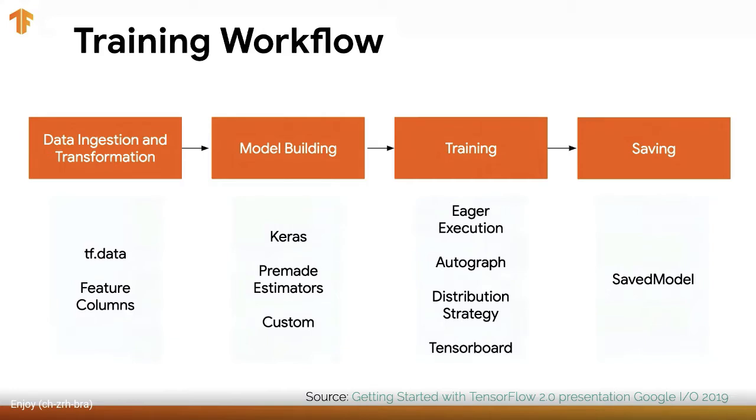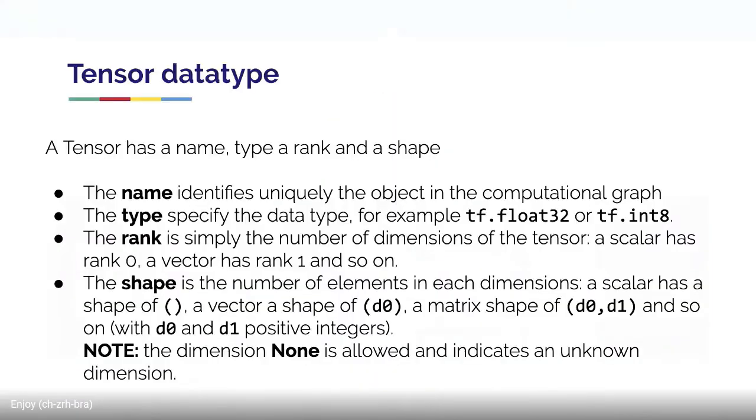If you worked with TensorFlow 1 and cursed it because something was very hard, now in TensorFlow 2 there are probably ways of doing that in a much easier way. I'm going slightly faster here because I think you all know this.